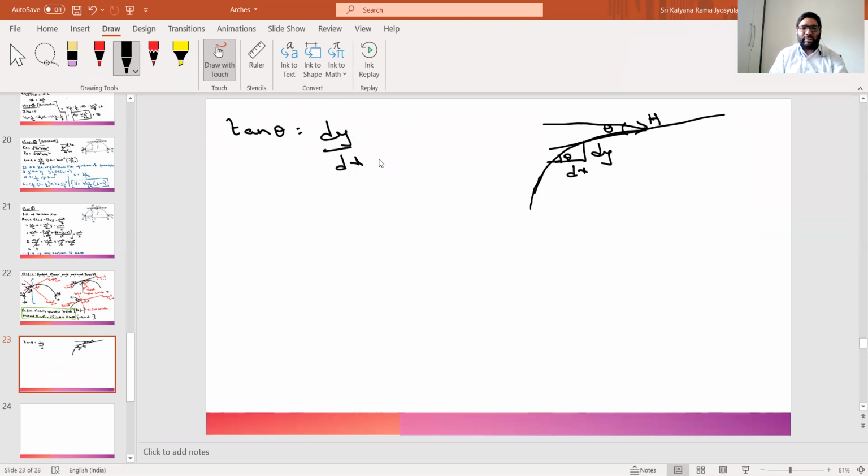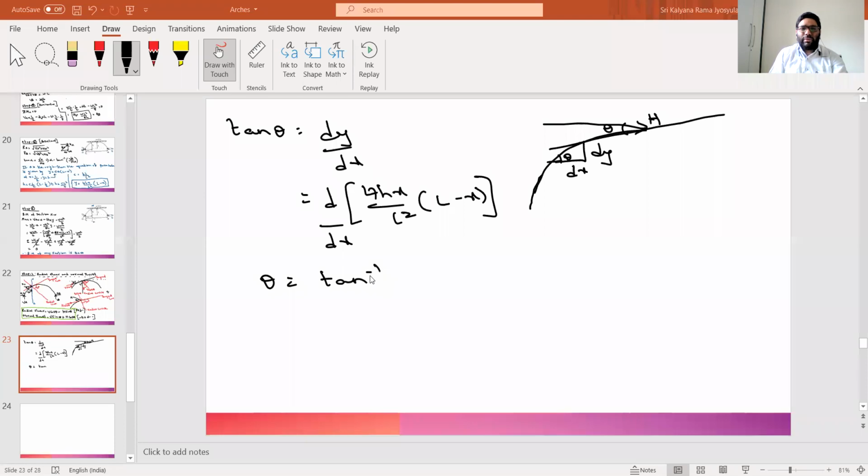So tan theta is equal to dy by dx. What is y? y is 4hx by L square into L minus x. So theta is equal to tan inverse of 4h by L square into, differentiating it, L minus 2x.